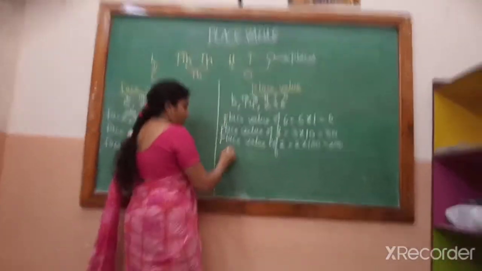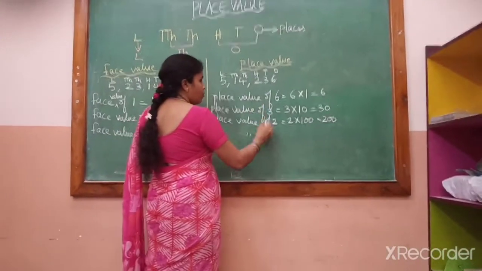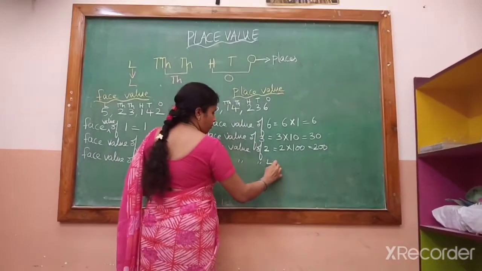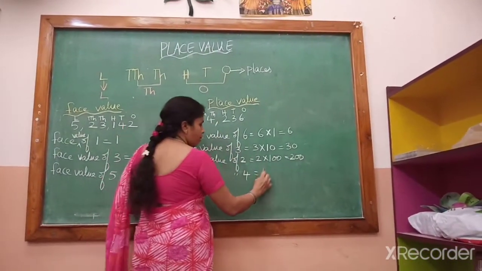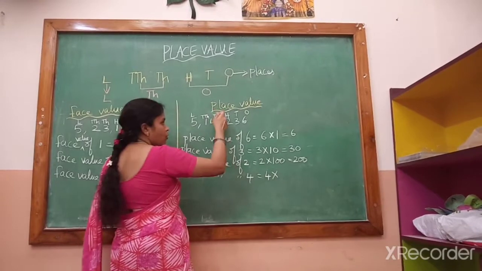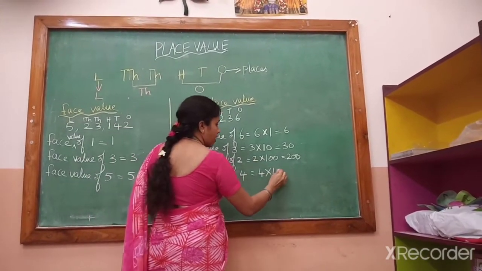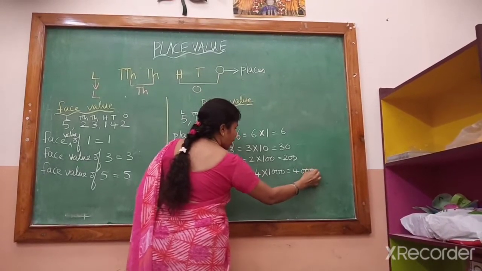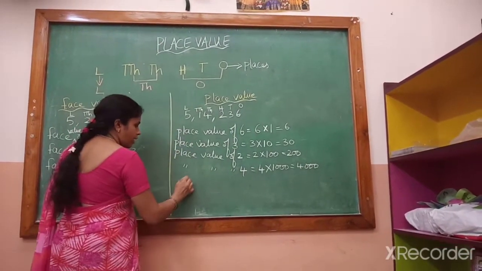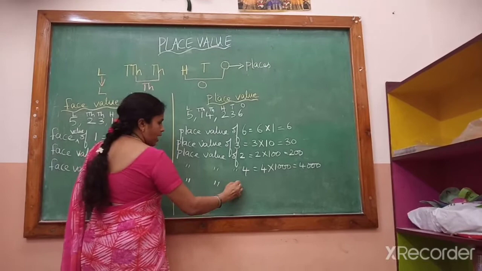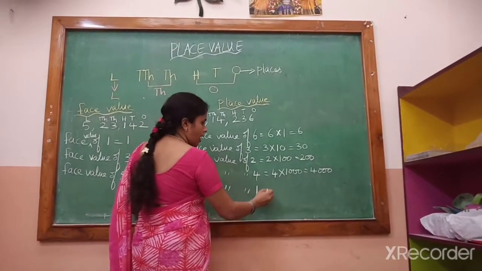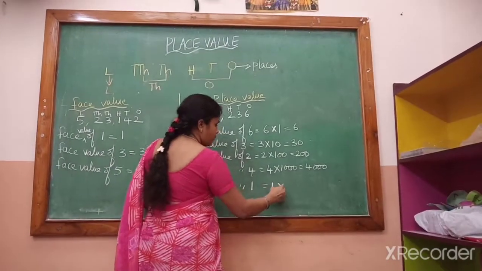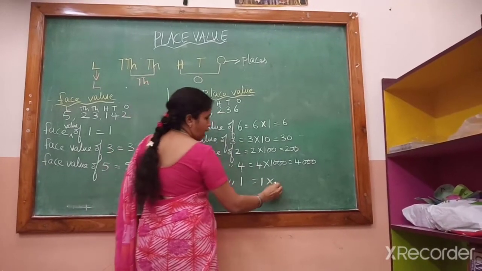200. Now in the same way place value of 4. So 4 multiplied with what place? 1000. So 4 into 1000 is 4,000. Now the next one. Place value of 1. Now 1 is in which place? 10,000.